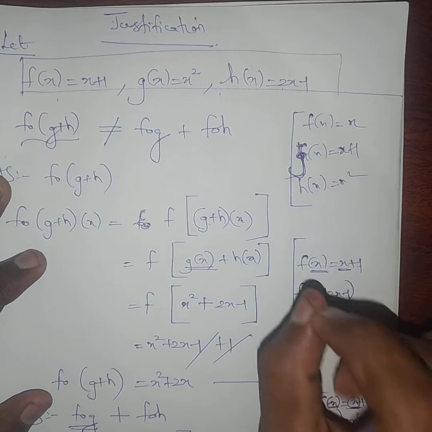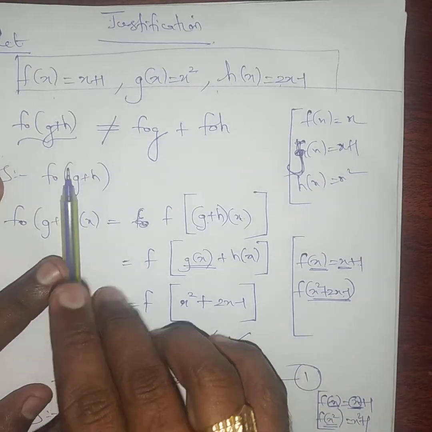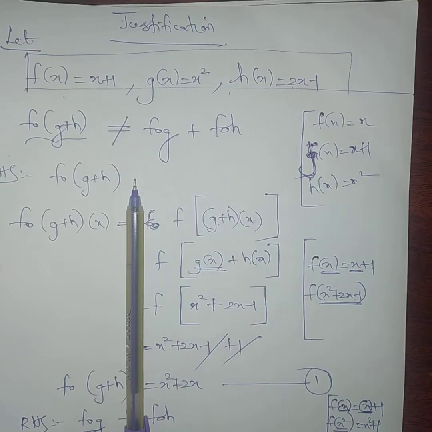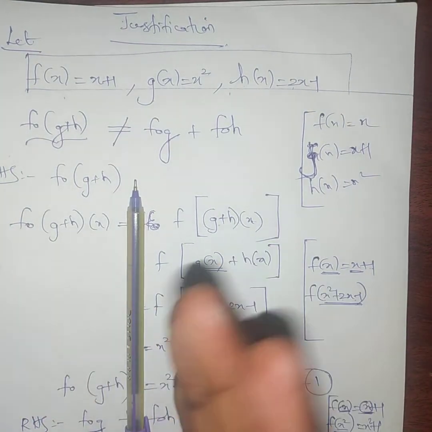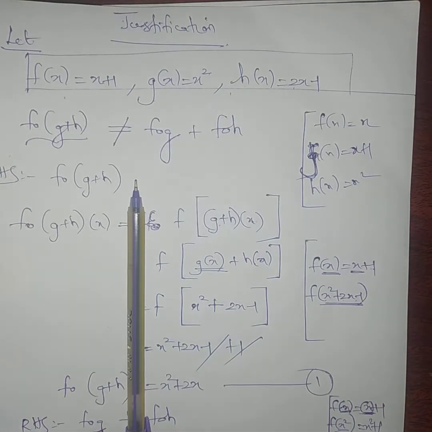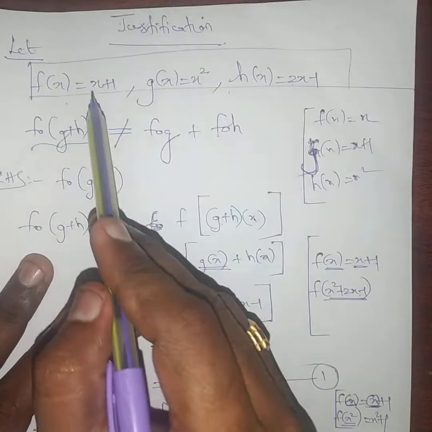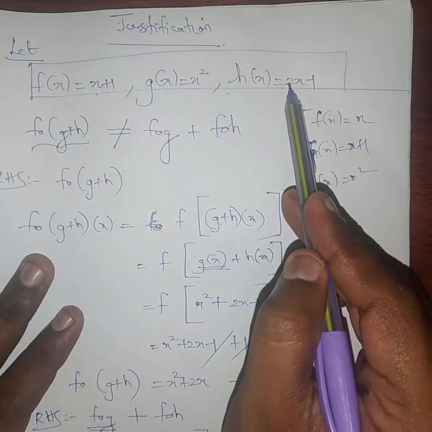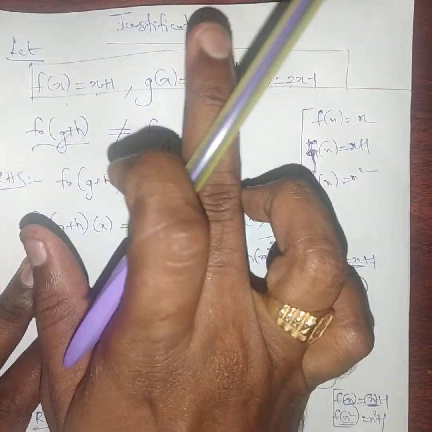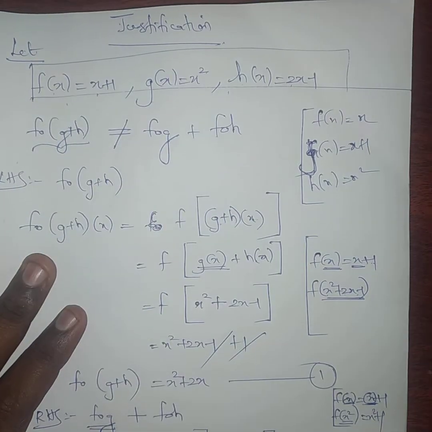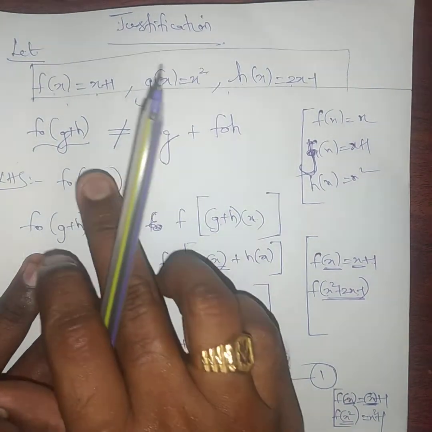But my idea is, if any one example is totally unsatisfied, sometimes satisfies and sometimes not satisfied, this is not a proper way. If one example is unsatisfied, then for that one choice of F of X, G of X, H of X, the example is not equal. So totally this property is not equal.